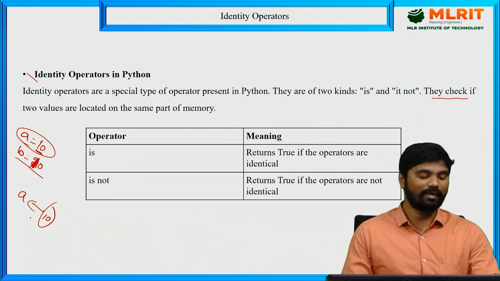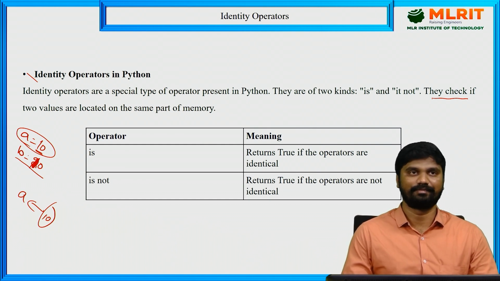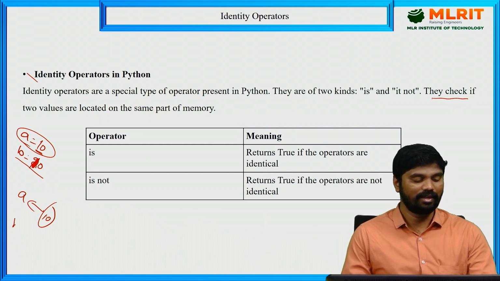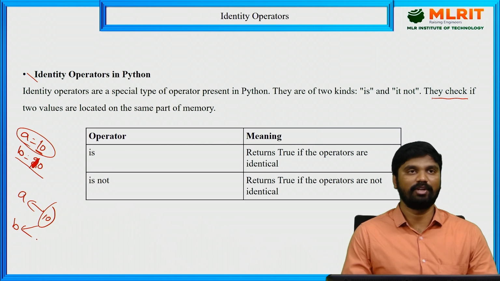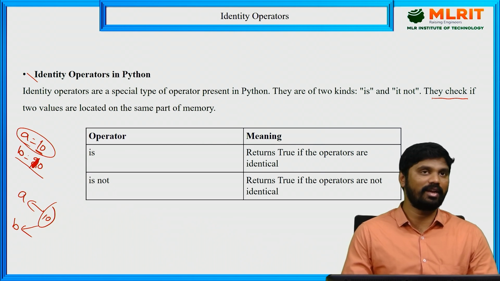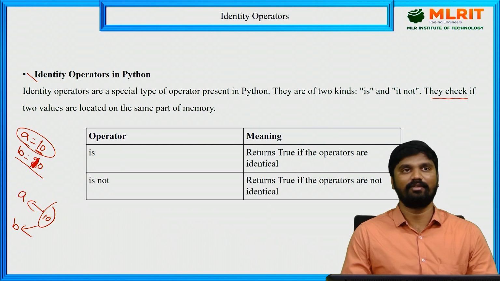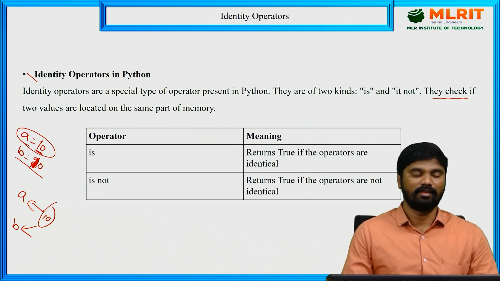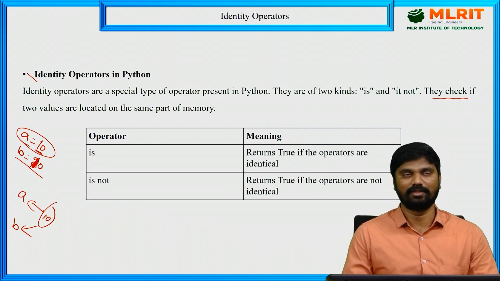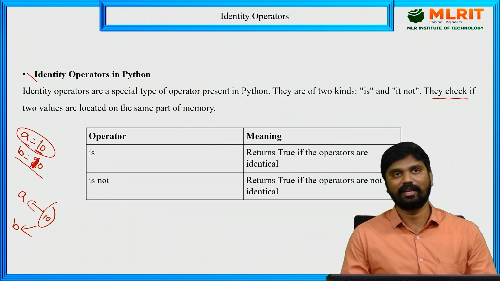But here, an object with the value 10 is already available for A. Already an object exists with the value 10. So simply that same object will be referred to by the name B. It won't create a new object, because the value 10 is already available in some object in the memory.